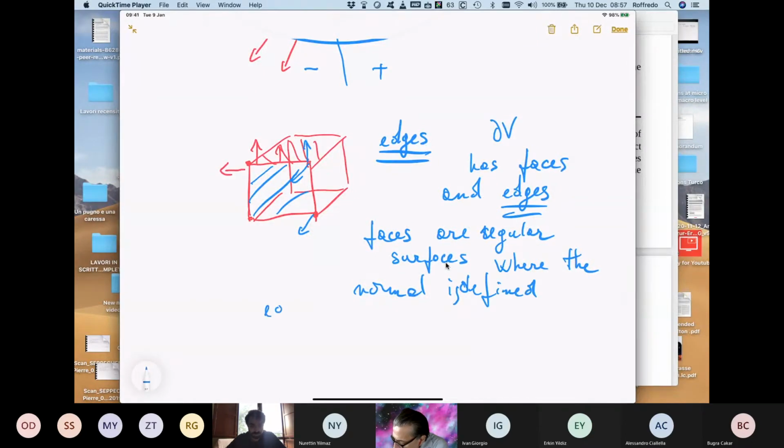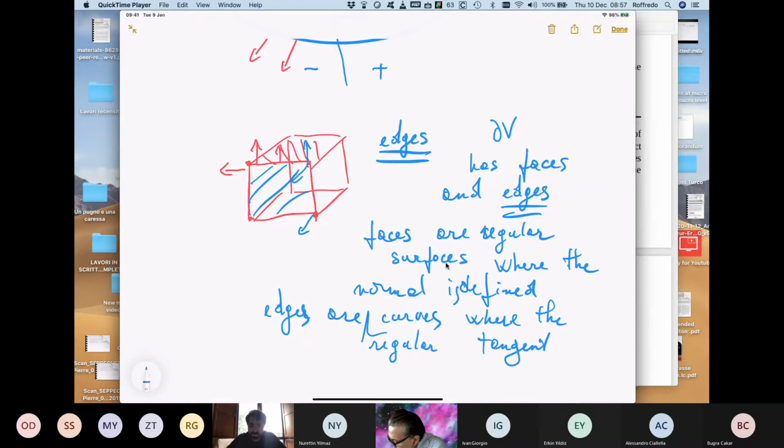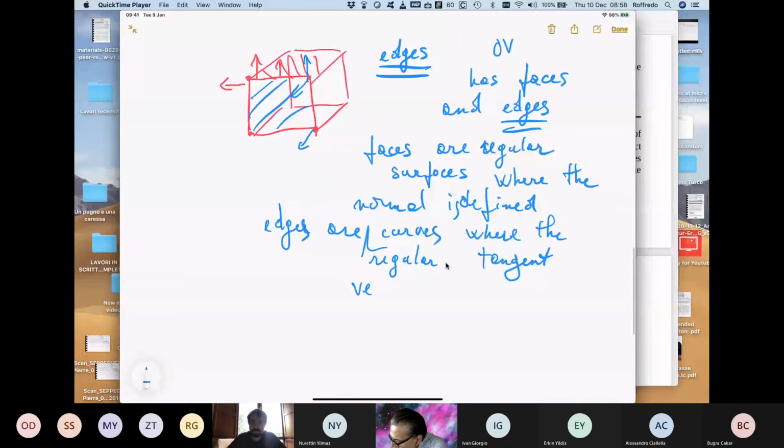And edges are curves, and we assume that they are regular, where the tangent vector is defined.